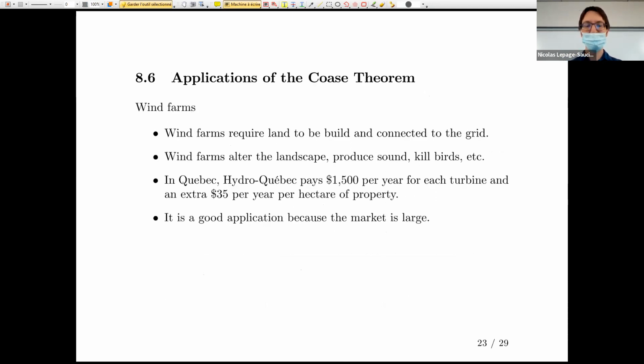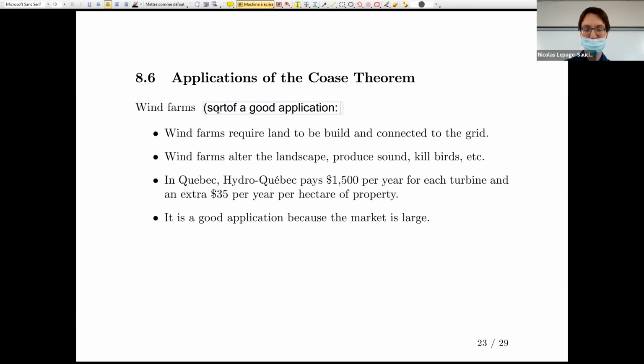No. So one application of Coase theorem is wind farms. So this one is sort of a good application. Why?